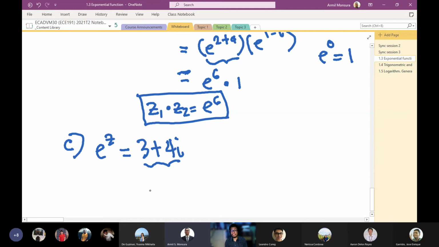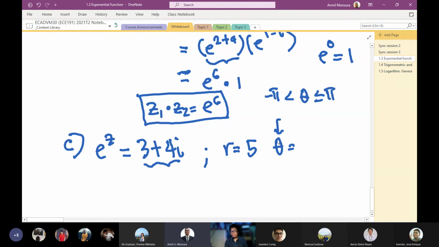So in this case, what is the value of R for this number? Five. That is 5. And then what is the value of theta, or I should say, the value of theta within the principal range? Again, the principal range is negative pi up to positive pi.